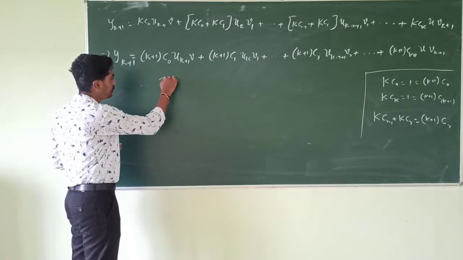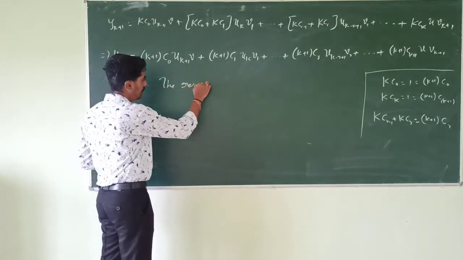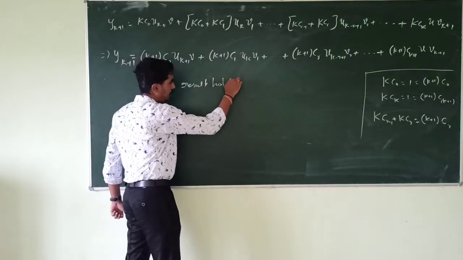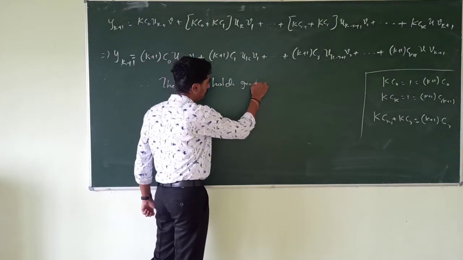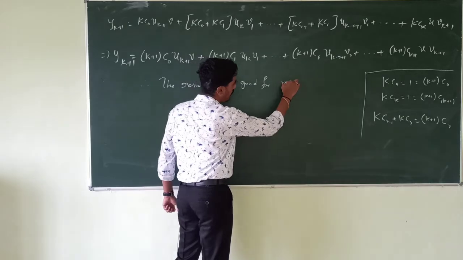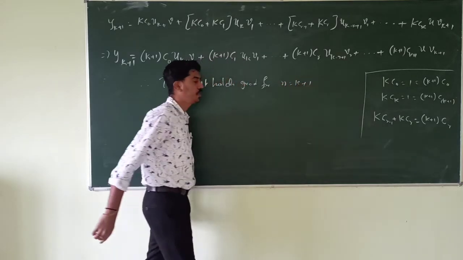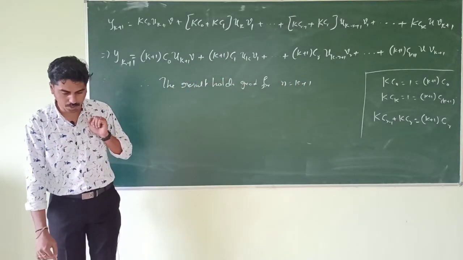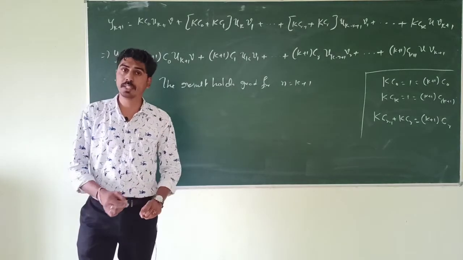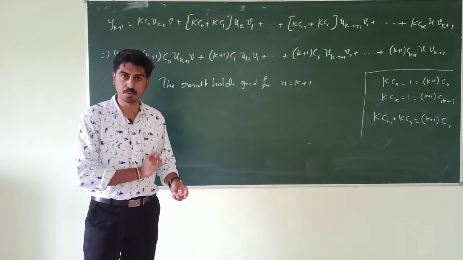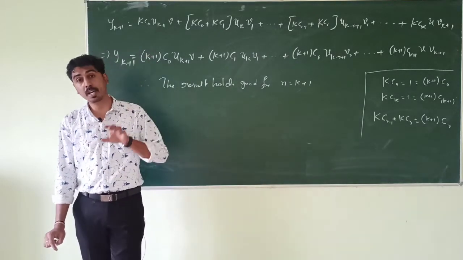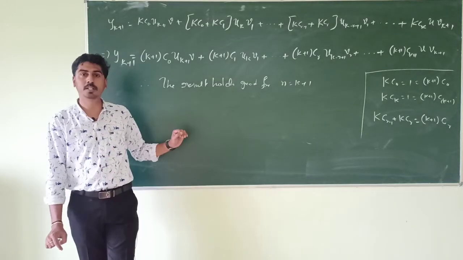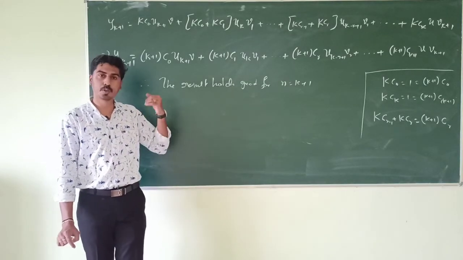Therefore, the result holds good for n equal to k plus 1. First we proved that the result is true for n equal to 1. Then we assumed that the result is true for n equal to k.